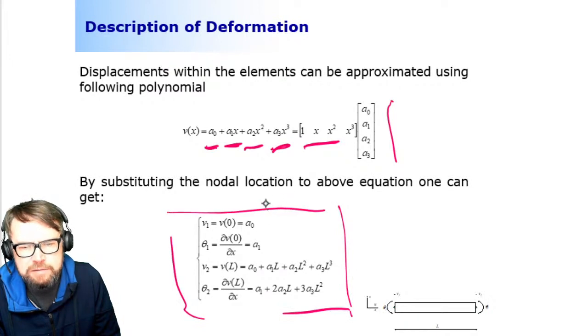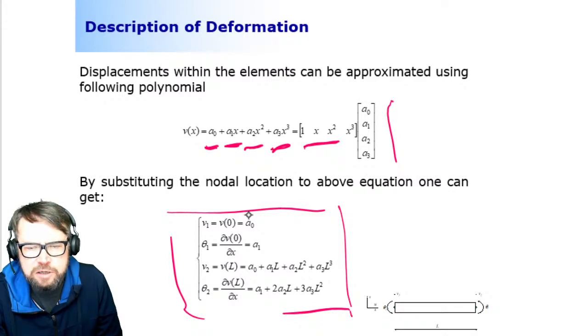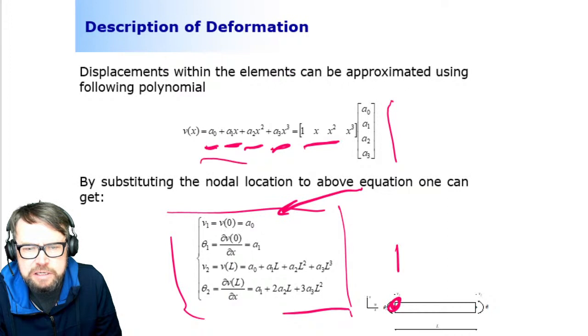The equations relate to where the nodes are located initially. So x is going to be equal to 0 when I'm looking at this first node. When I substitute this information, this is what I'm going to get.